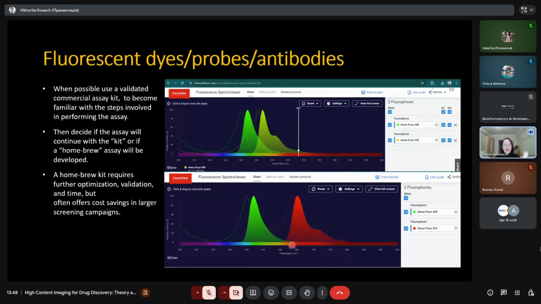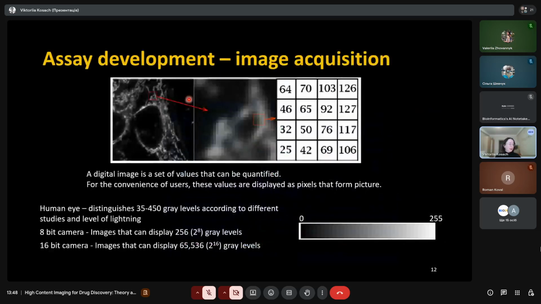So overlapping is much less in comparison with green and red or orange emission, where the overlapping of the spectra is high. So the fluorescence spectra viewer is very useful to design your fluorescent probes for the assay.